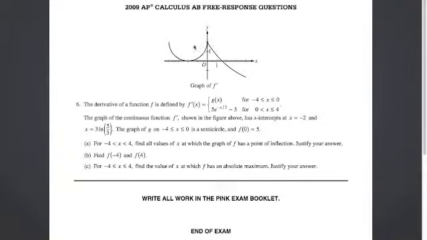So in order to do this, we have to identify where the top part is positive. Since we're looking at the f prime graph, anything positive means it's a positive slope, which means that f is still going up. So it's continually going up from negative 4 to negative 3 ln 5 over 3. Then it changes from positive slope to negative slope at negative 3 ln 5 over 3.